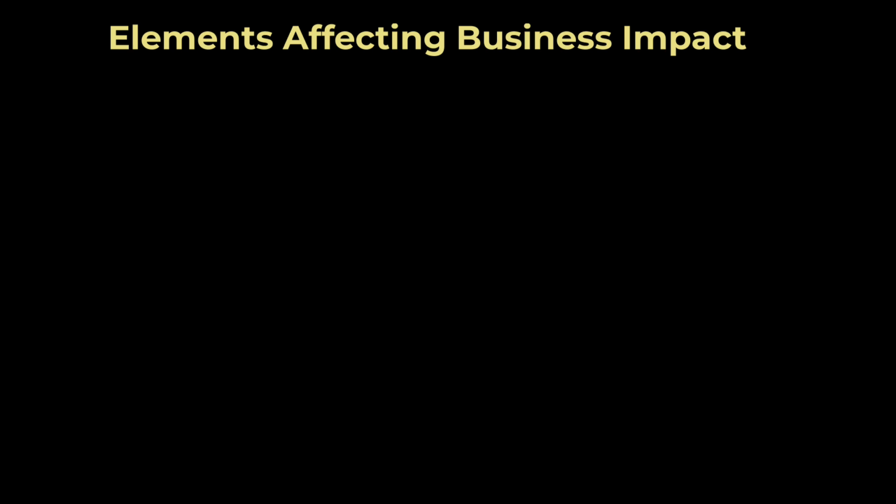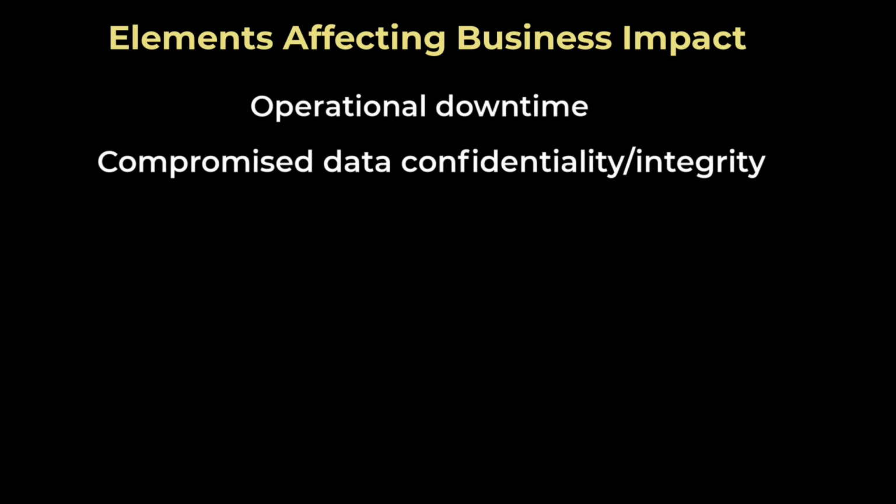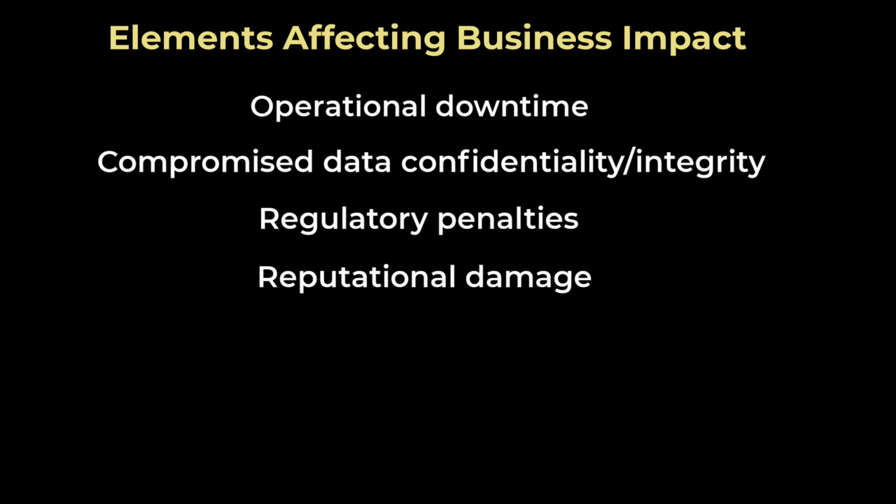Impact can encompass a variety of consequences, including operational downtime, compromised data confidentiality or integrity, financial loss, regulatory penalties, and reputational damage. Because some functions are more critical than others, especially those that directly support the organization's ability to meet regulatory obligations or serve its customers, the same threat-vulnerability pairing might carry vastly different impacts depending on which asset or function is compromised.